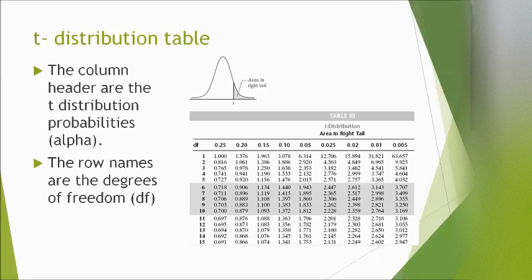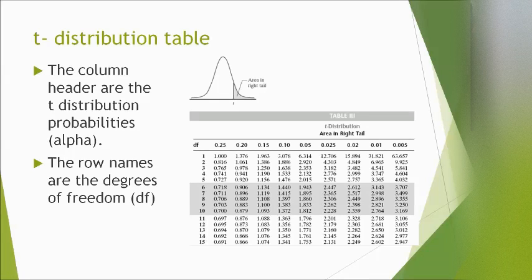The column headers are the t-distribution probabilities, or the alpha: 0.25, 0.20, 0.15, 0.10, 0.05, 0.025, 0.02, 0.01, and then 0.005.